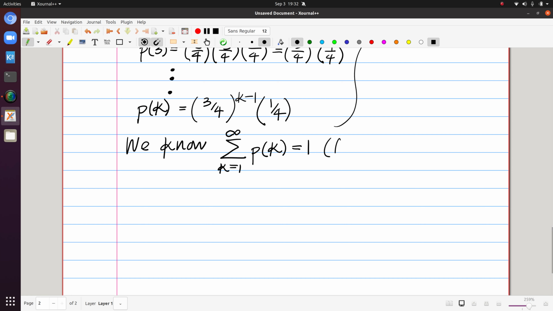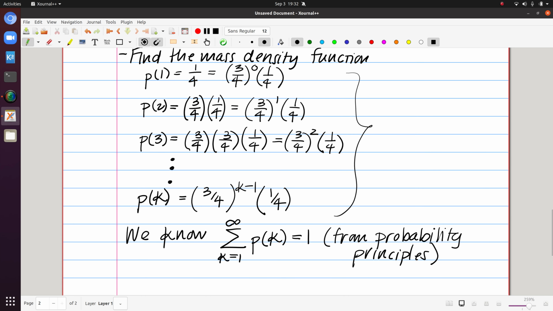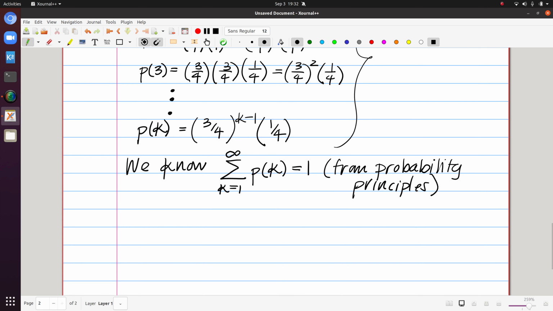This is from the probability principles, if you will. So what's interesting about this is that this now introduces an infinite sum of positive numbers of the form 3/4 to the k minus 1 times 1/4, in which I know that that infinite sum has to equal a finite value. And not only does it equal a finite value, a relatively small finite value. So we have infinitely many values being added together such that the total sum is 1.